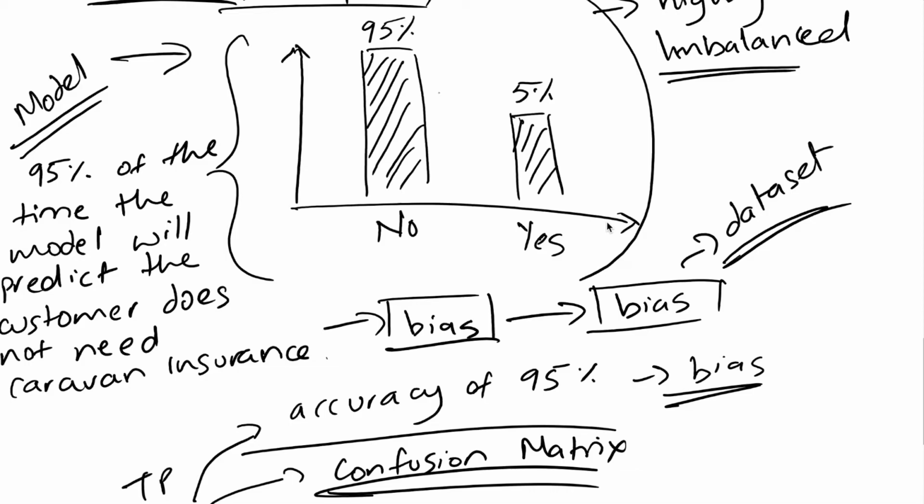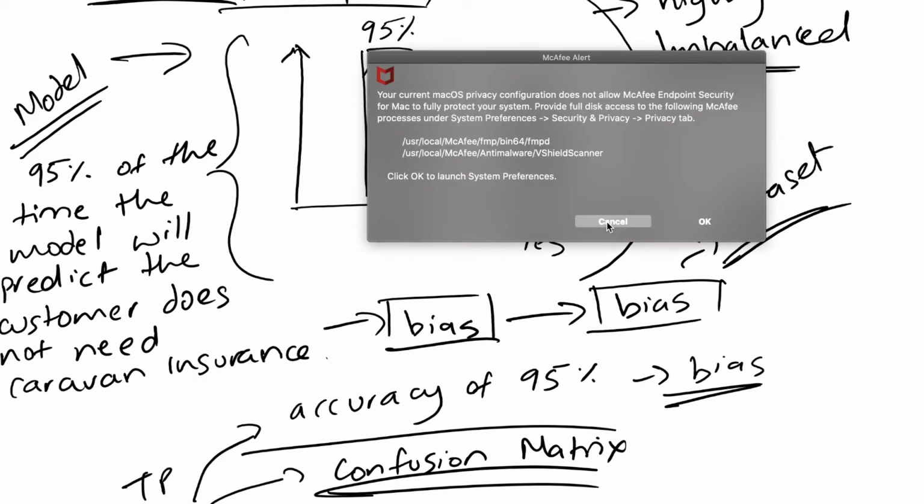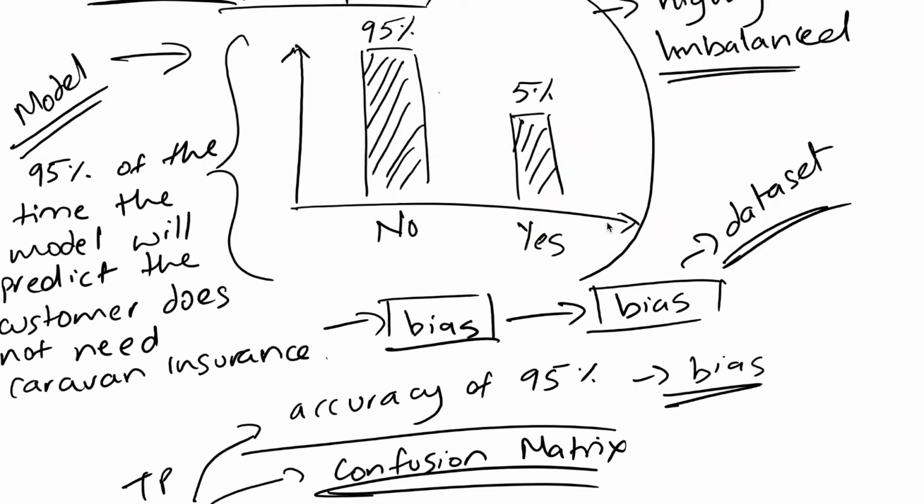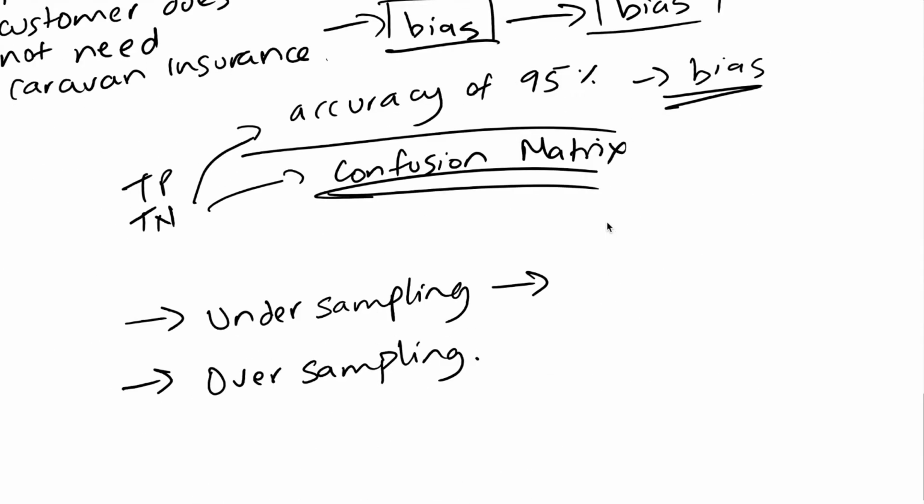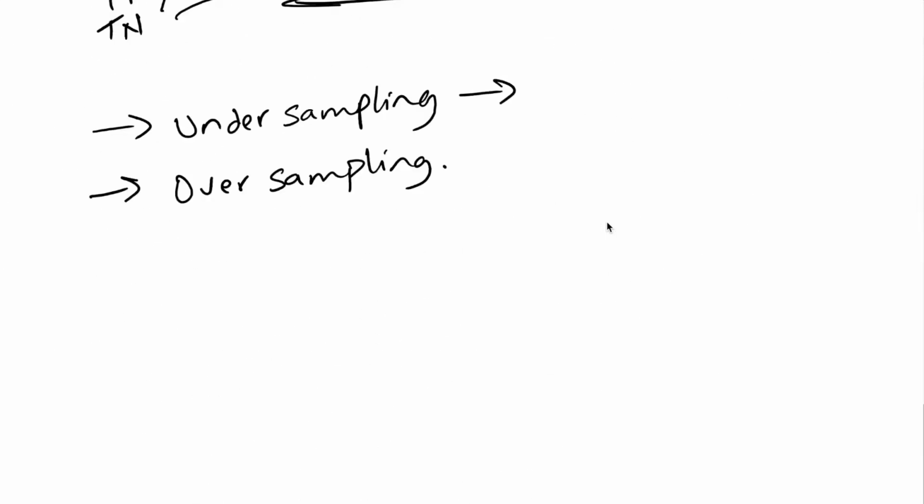So let's say now if you have 95% of the people in your data set which do not have a caravan insurance, you're technically just removing those extra rows in order to balance the data. Let's say you remove the number of no's from a data set and you balance the data to an 80-20% split, which is a fair split.